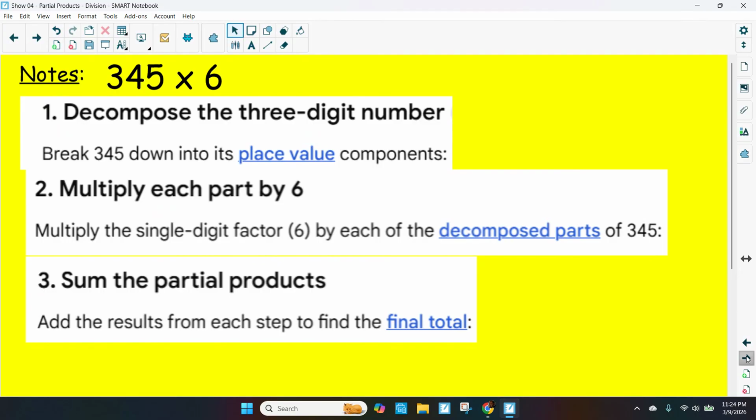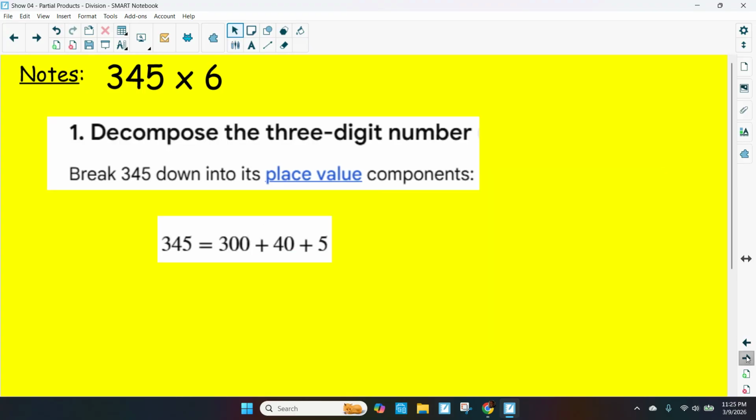Multiply the single factor, 6, by the decomposed parts of 345. Step 3 is add up the results from each step you got from item number 2. So the sum of the partial products.